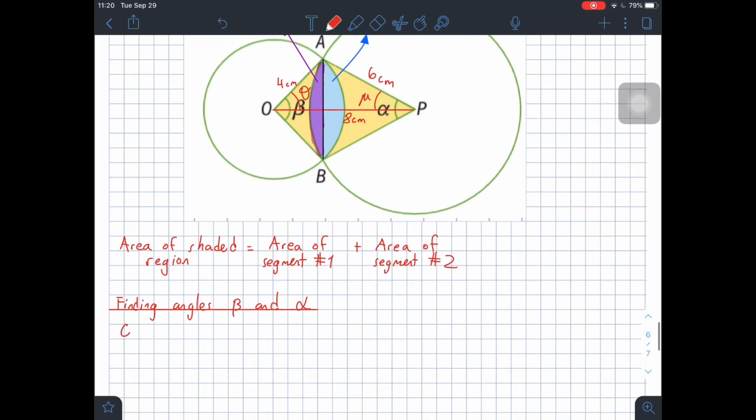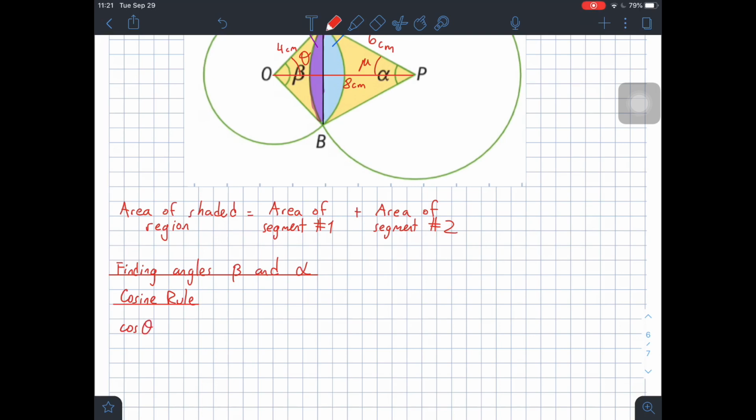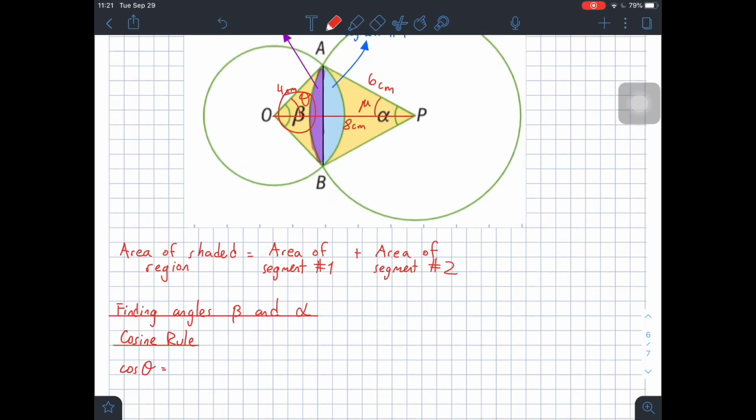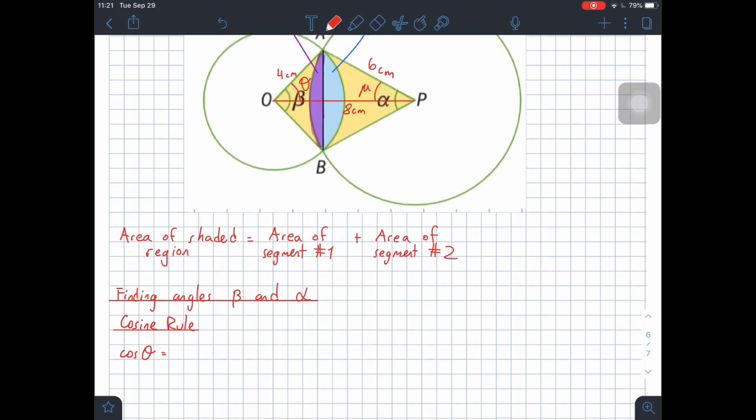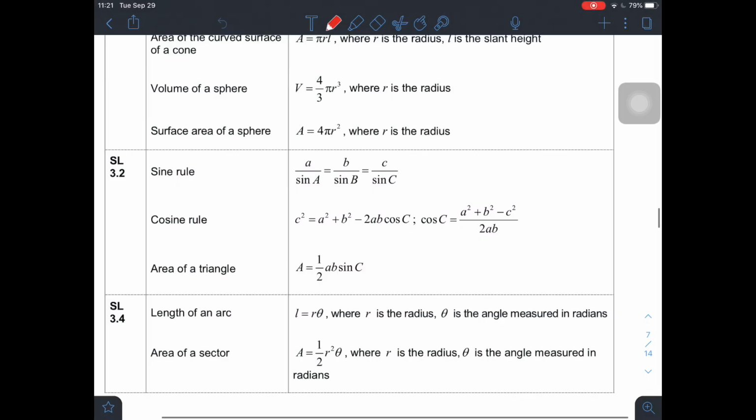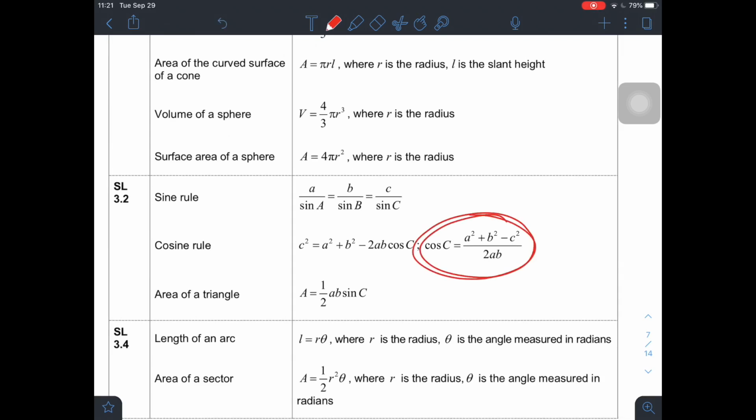So we're gonna apply cosine rule, and we're gonna say that cosine of theta, which is half of beta, is equal to the adjacent sides squared, so 4 squared plus 8 squared, minus the opposite side, 6 squared, divided by 2 times 4 times 8. This is what the cosine rule for the angle tells us. Remember that this formula is also available in the formula booklet right here.